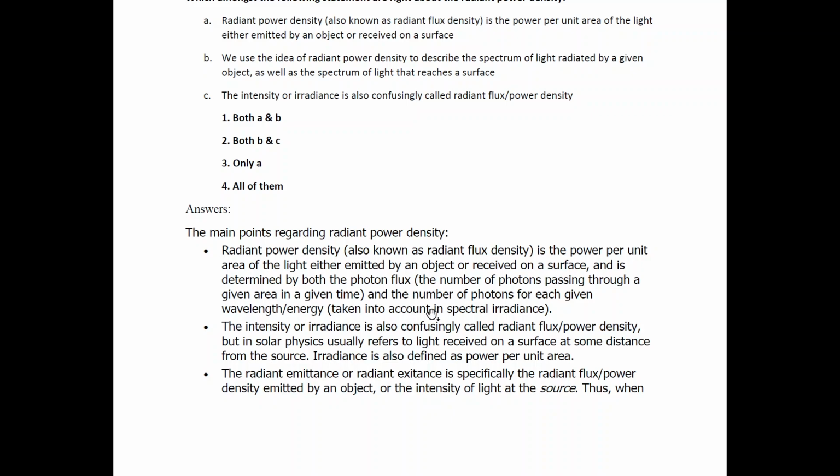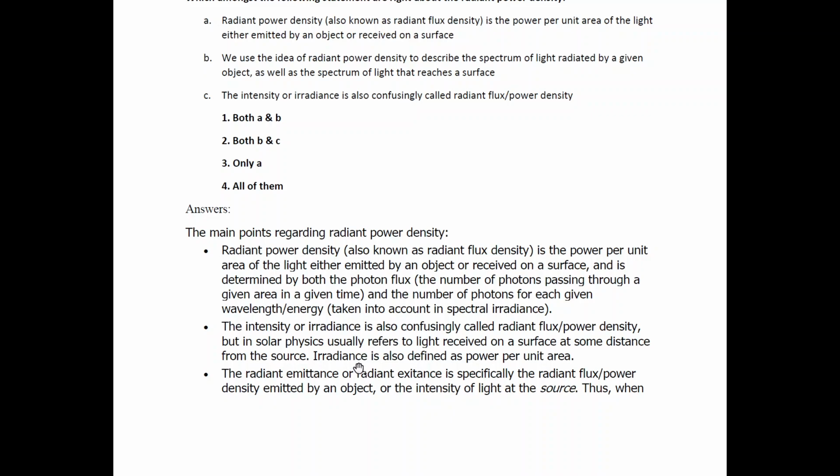It is the power per unit area of light either emitted by an object or received on a surface, and it is determined by both the photon flux, that is the number of photons passing through a given area in a given time, and the number of photons for each given wavelength, energy taken into account in spectral irradiance. The intensity of irradiance is also confusingly called radiant flux or power density, but in solar physics it usually refers to the light received on a surface at some distance from the source.